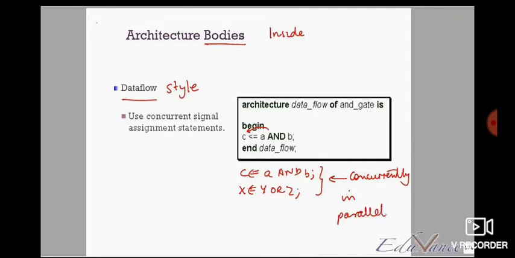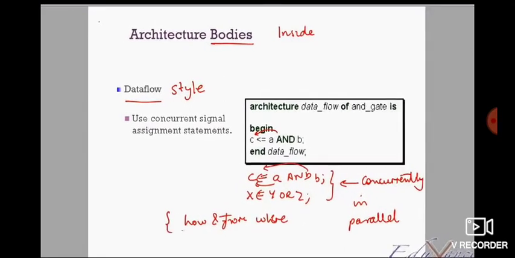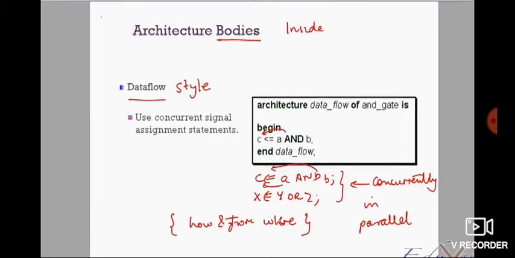So this is the data flow style of modeling, where you specify how the data is flowing and from where. So how and from where.